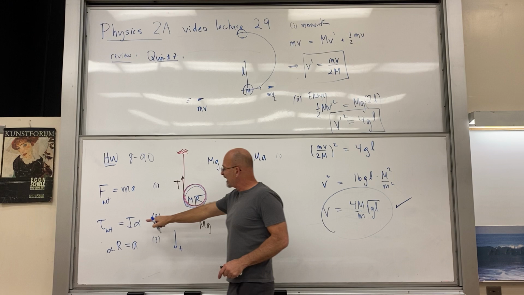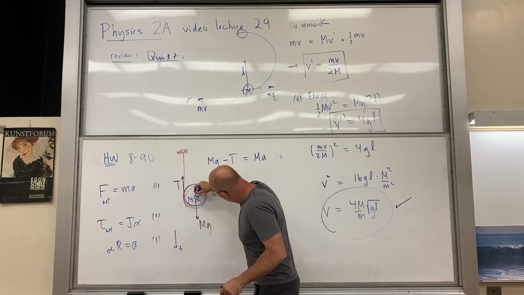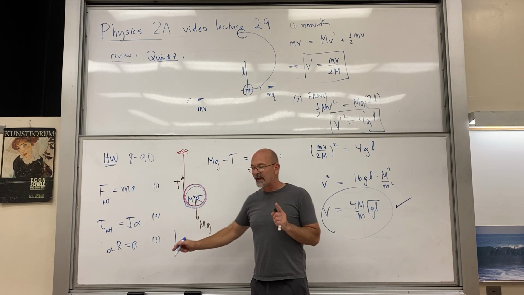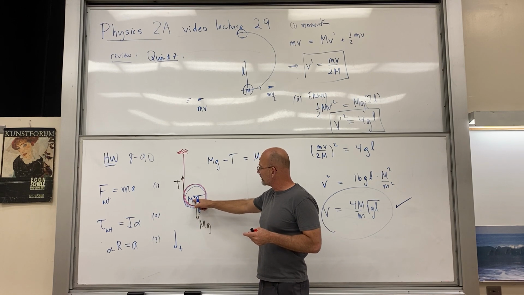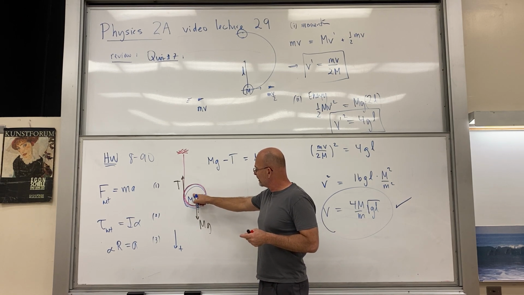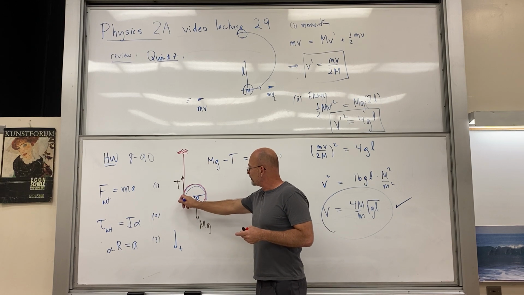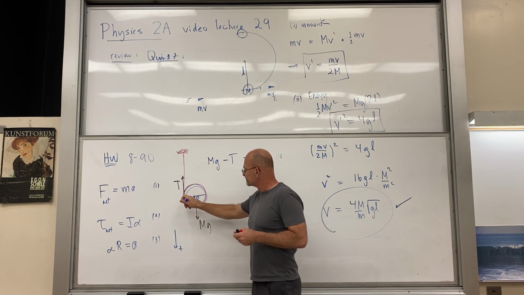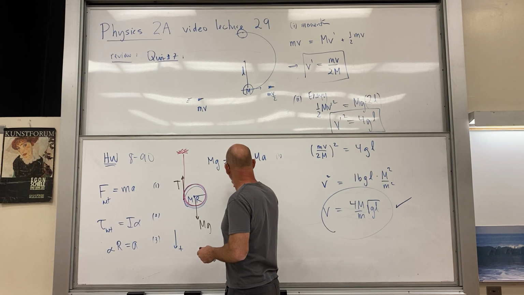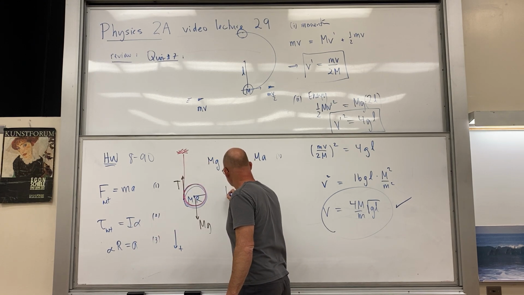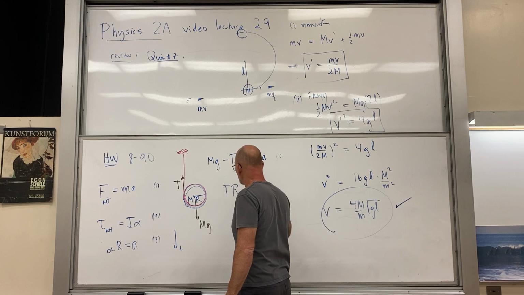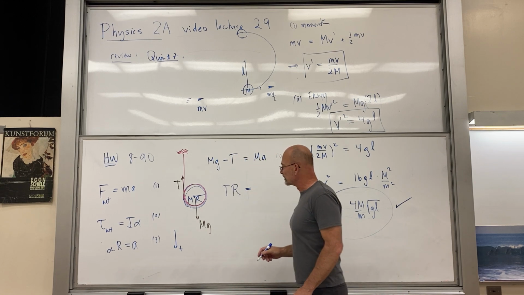And as far as the net torque goes, you'll notice there are only these two forces acting here. This force, the weight, does not produce a torque around the center axis here. So we will use that torque. So for torque equals I alpha, we're going to have T times R is equal to I alpha.